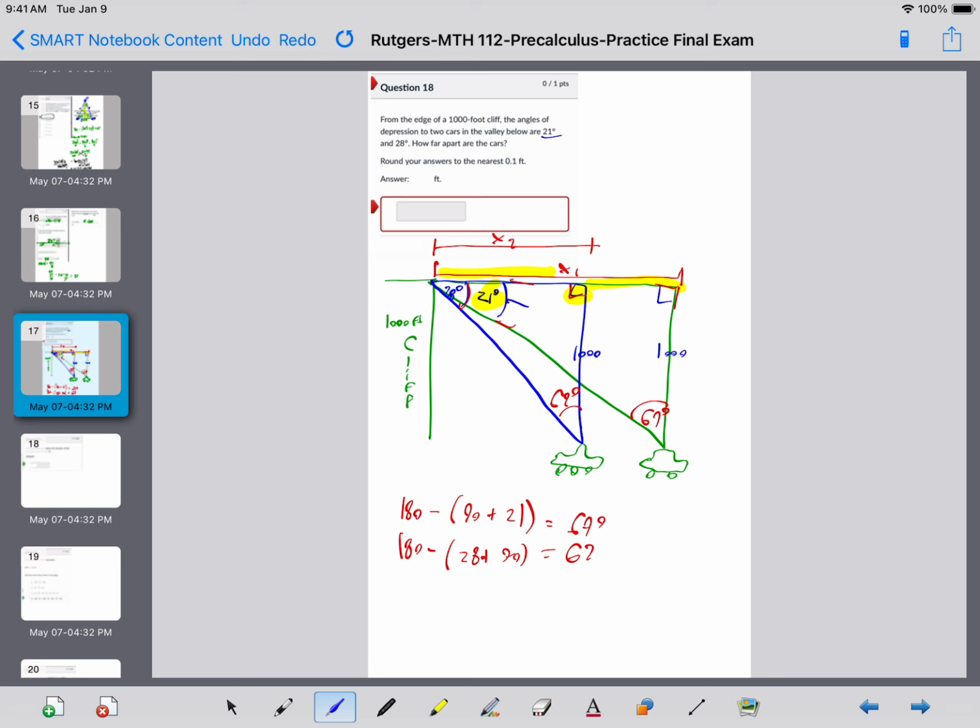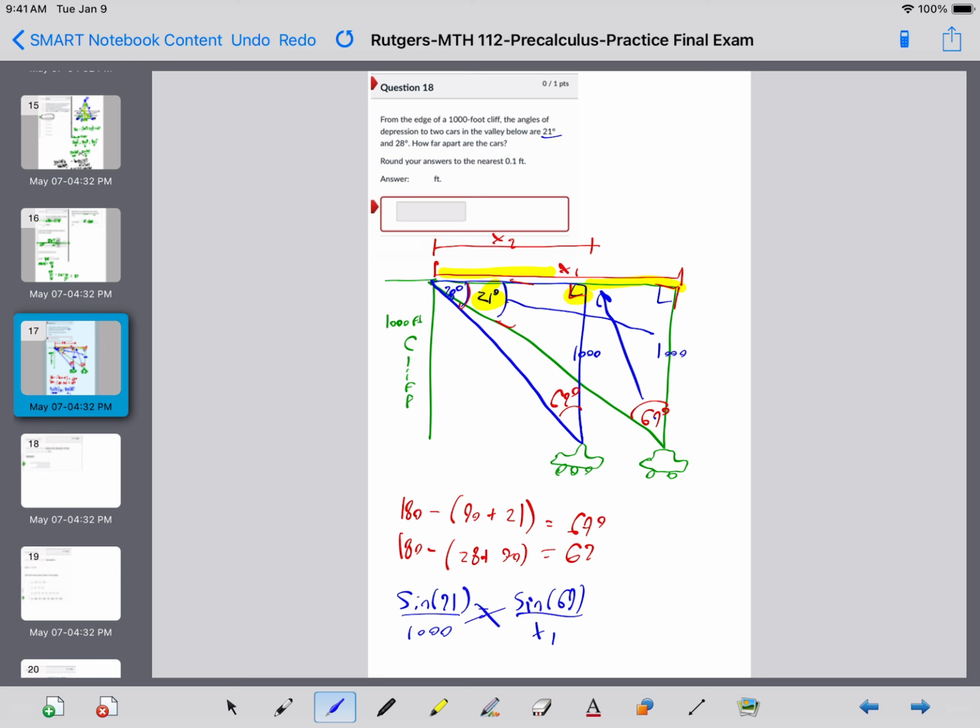sine of 21 over 1,000 equals sine of 69 over, and this is the big one, x1.